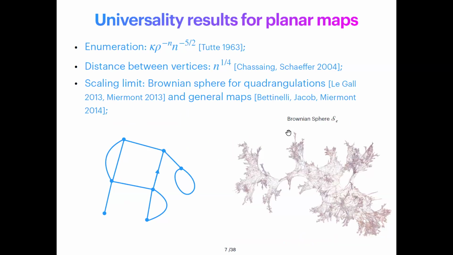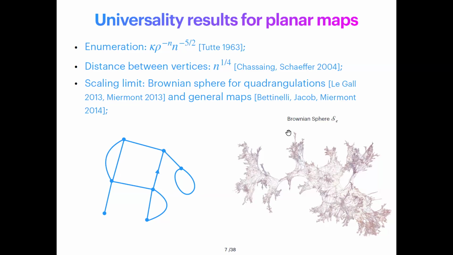So as was discussed by Michael just before, we have universality results for planar maps. So we know how the number of planar maps of size n behaves when n tends to infinity, and we have the following asymptotics.